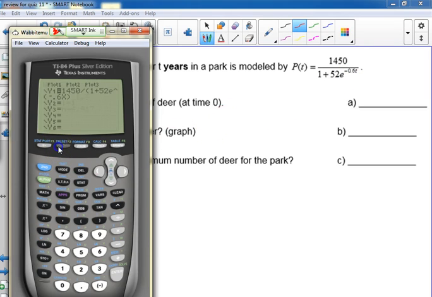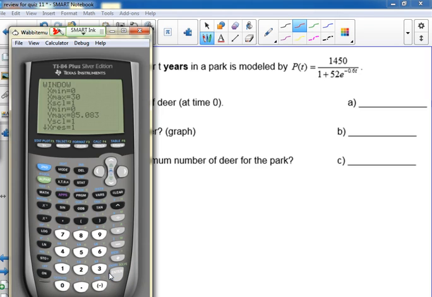Okay, what are we talking about? Deer. What's x represent? Time? So can we have negative? No. I don't know how many years we need to go out. I'm going to pick 30 randomly. I can't have negative deer, but do we know where this is going to max out?